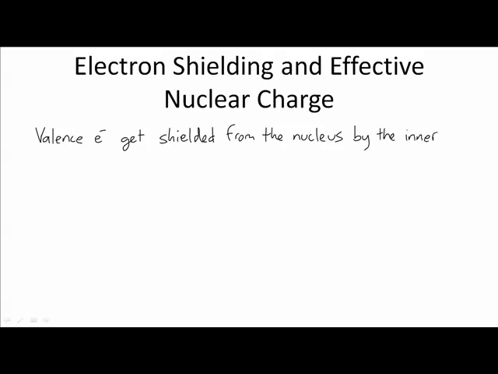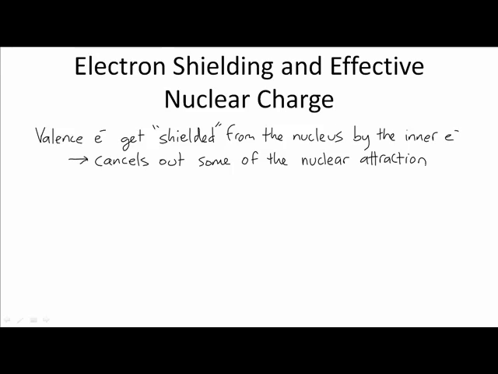By the inner electrons. They essentially cancel out some of the attractive effect of the nucleus. So it cancels out some of that attraction that they feel to the nucleus.